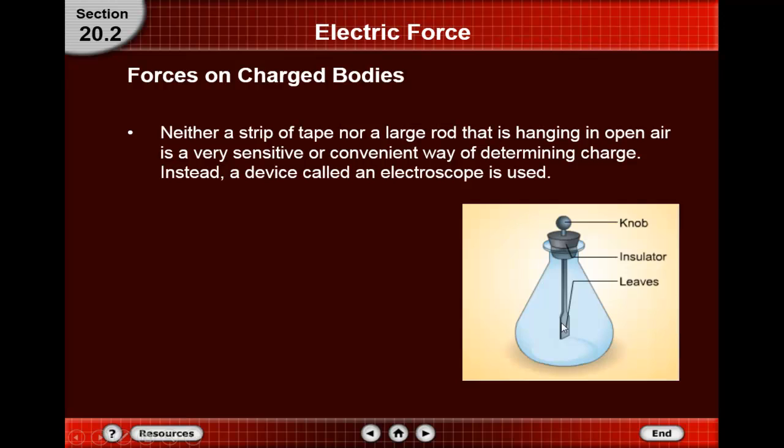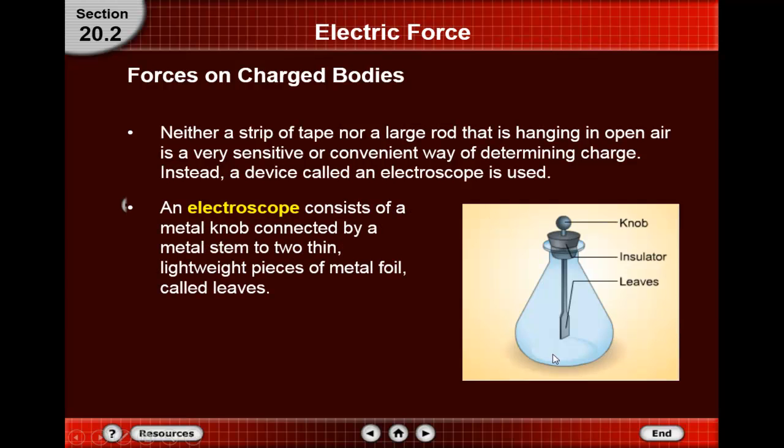An electroscope is a device consisting of a metal knob connected by a metal stem to two thin, lightweight pieces of metal foil called leaves.